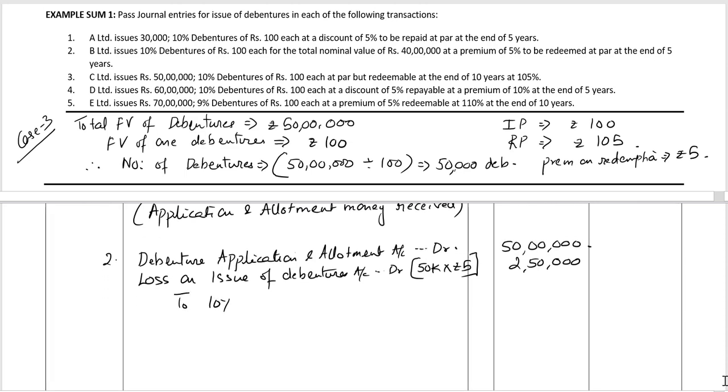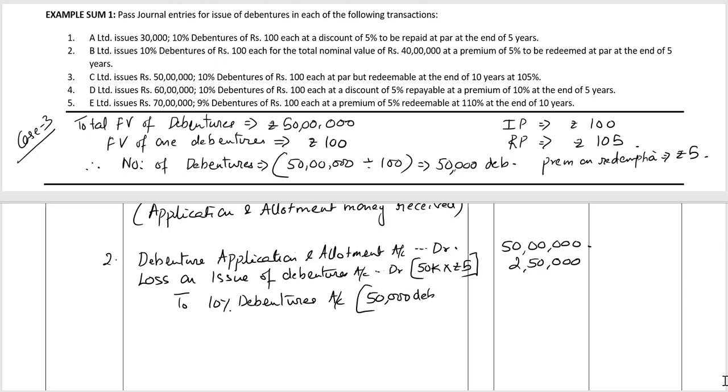To 10% debentures account. Amount is 50,000 debentures multiplied by the face value per debenture of rupees 100 comes up to 50 lakh rupees. And we need to provide for the liability.